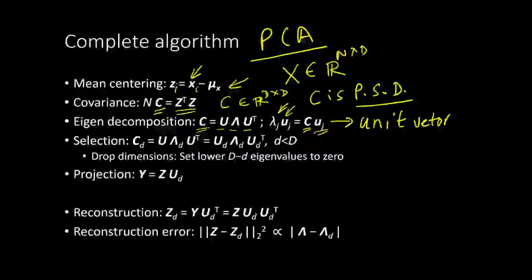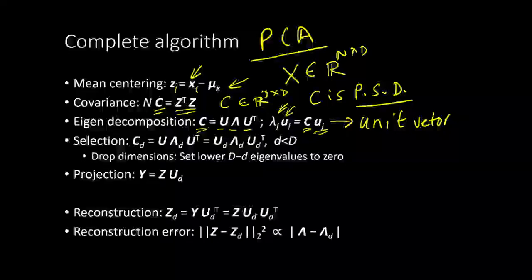So u1, u2, u3 up to uD will all be unit vectors, and lambda 1, lambda 2 up to lambda d will all be non-negative real numbers for a covariance matrix, and they will satisfy the property that lambda j uj is equal to C times uj.